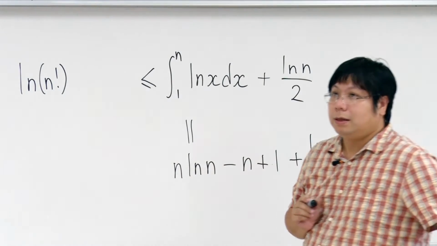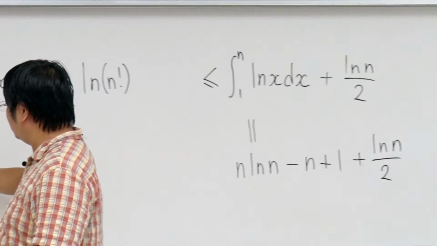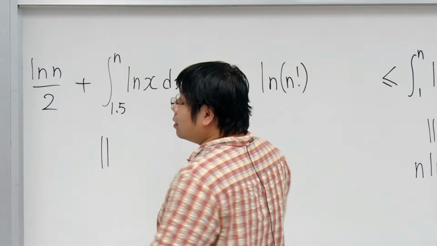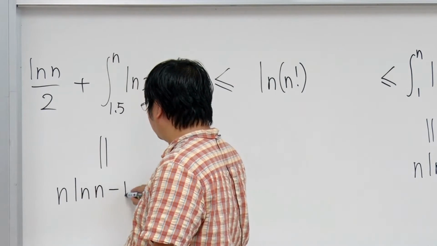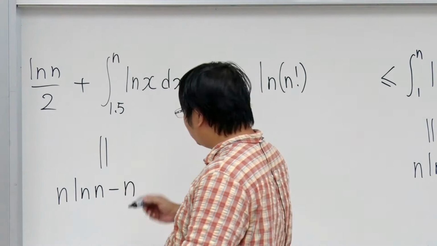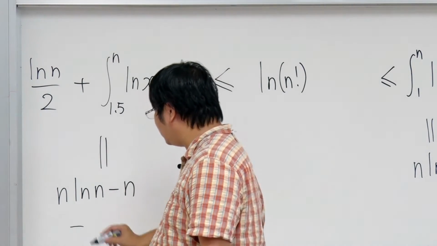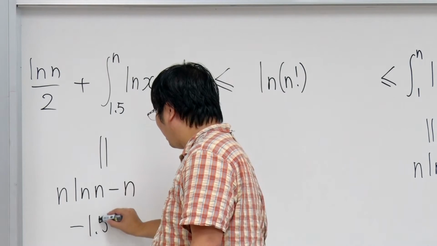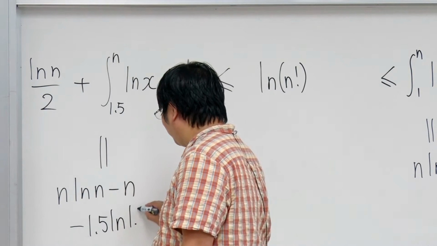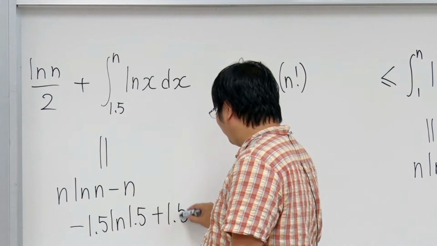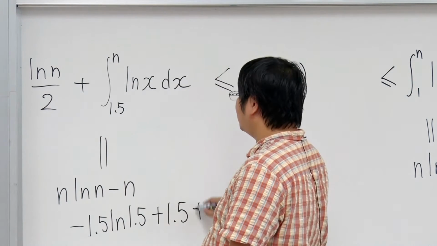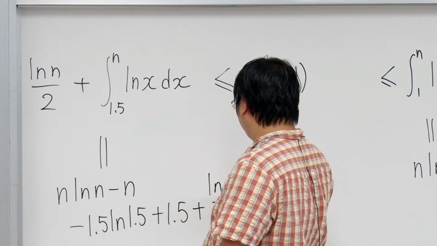And this one is equal to the same thing, n log n minus n, and then minus 1.5 log 1.5 plus 1.5, and then plus log n over 2.